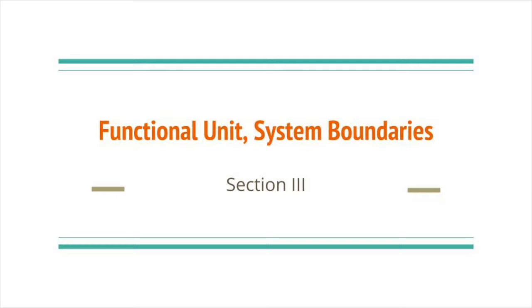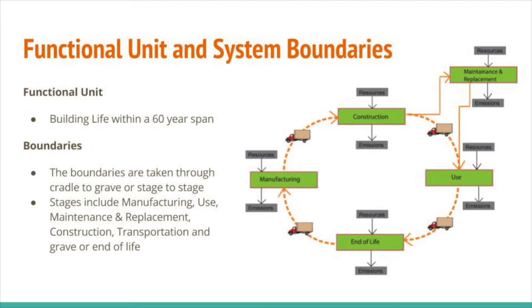Hi, I am Lynn. This is slide 7, section 3, functional units and system boundary. I will explain the functional unit and system boundary. Slide 8. The functional unit, the building, has a lifespan of 60 years.